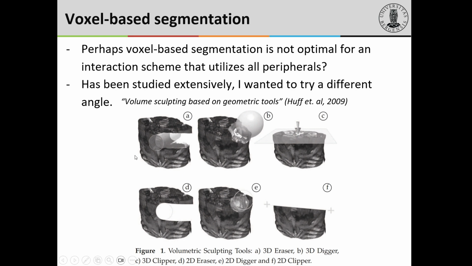But I was thinking, perhaps voxel-based segmentation is not optimal for an interaction scheme that utilizes all the peripherals. And I also thought, since it had been studied extensively, maybe it would be nice to try a different angle.